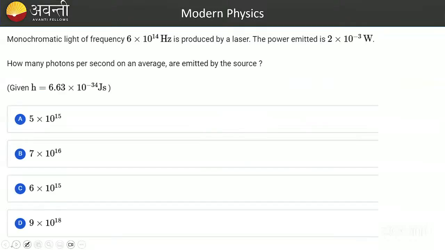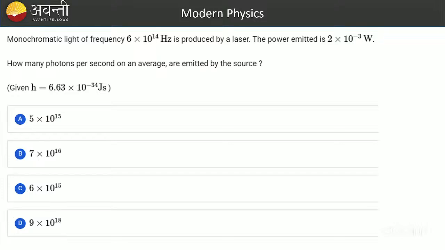Now this one. A monochromatic light of frequency 6 into 10 raised to the power 14 hertz is produced by a laser. The power emitted is 2 into 10 raised to the power minus 3 watt. How many photons per second, on an average, are emitted by the source?